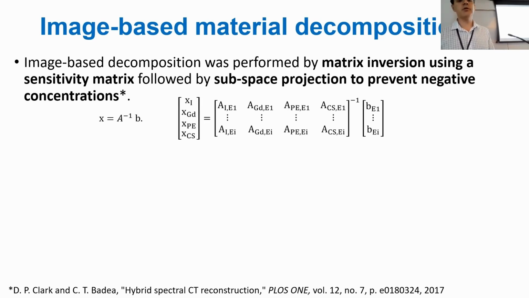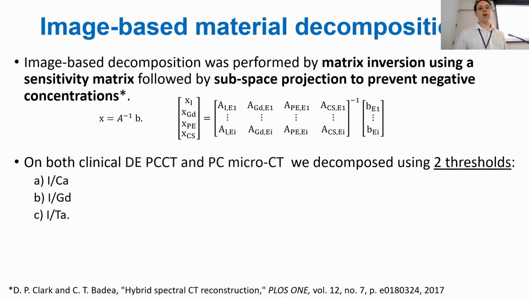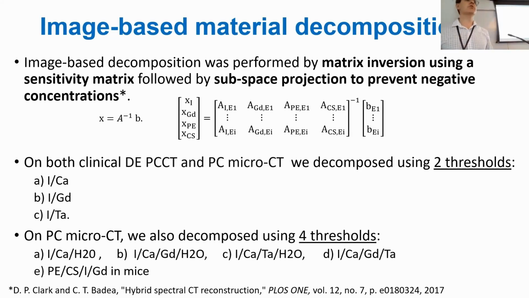An example is shown here. So we have, let's say, iodine, and the other materials, and then we have the sensitivity matrix and the measurements. And then we do a lot of combinations here. We try to decompose based on the dual energy data on CT, on the preclinical and clinical side, or using the 4 thresholds on the preclinical side just to see what is possible.